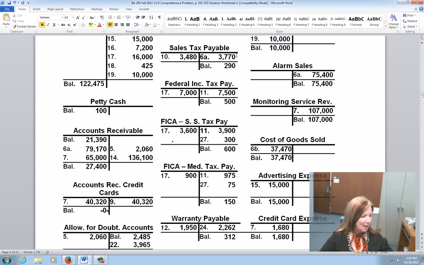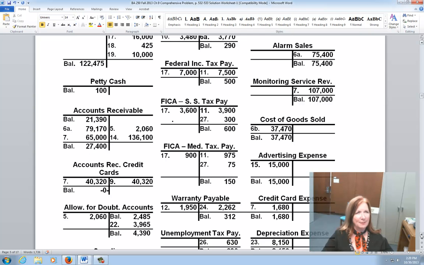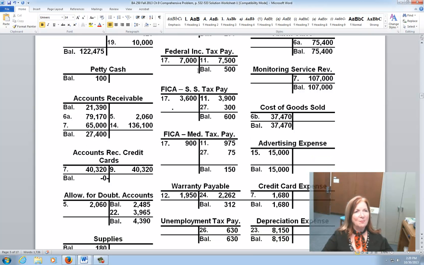So I'm going to look here, and I have income tax, right? I'm going to push this up a little bit so you can see it better. Here I have payroll tax payable, and I have a balance of $500. Here I have Social Security tax, with a balance of $600.